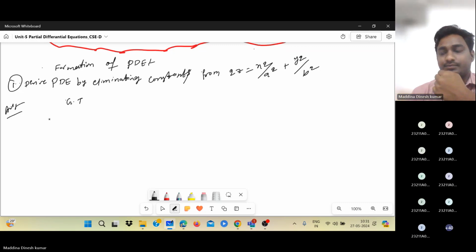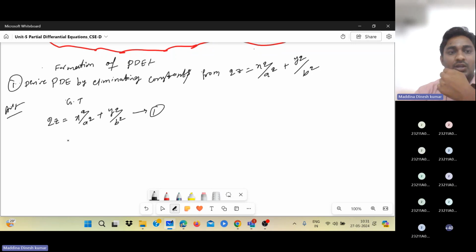Given that 2z equal to x square by a square plus y square by b square, equation number 1. Okay. Partially differentiate equation 1 with respect to x.